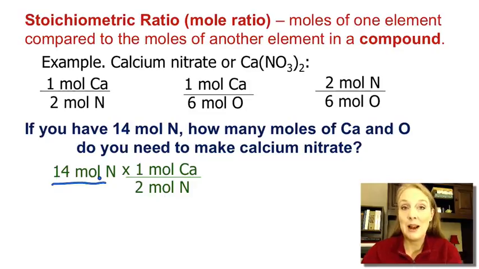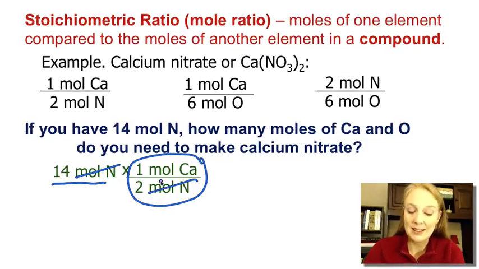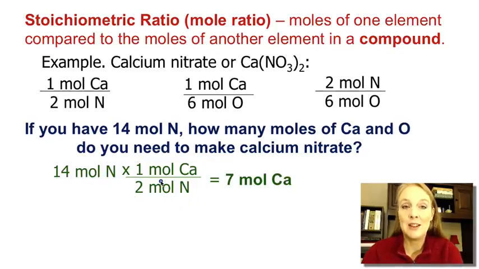In order to determine how much calcium we need, we would multiply it times the mole ratio, 1 mole of calcium to 2 moles of nitrogen. So really we would just need to take 14 moles of nitrogen and divide it by 2. The moles of nitrogen cancel out and leave us with 7 moles of calcium.